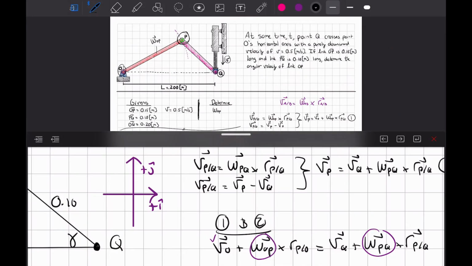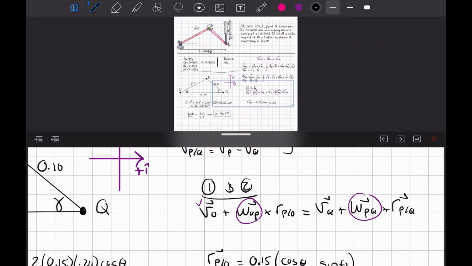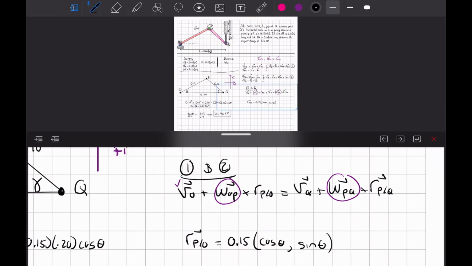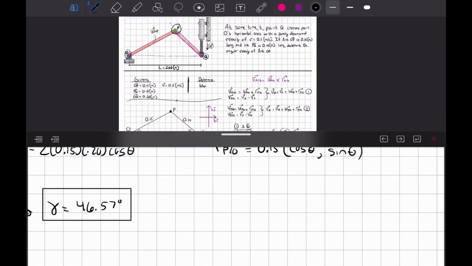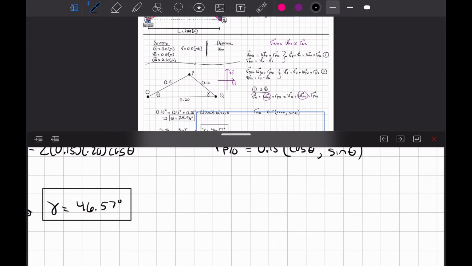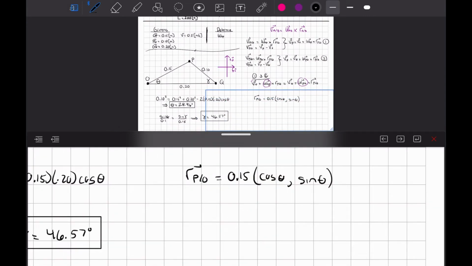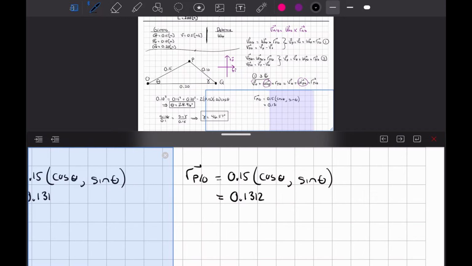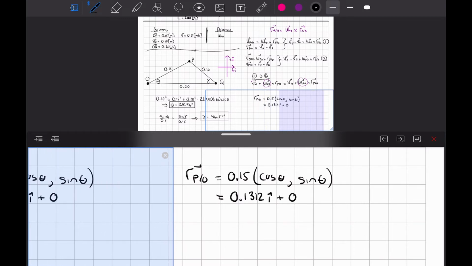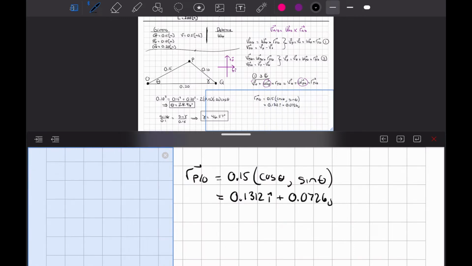I'll pull my little box up here again too. Okay, and then if we just go ahead and plug that in, we'll see that this is going to be 0.1312 i hat plus 0.0726 j hat.